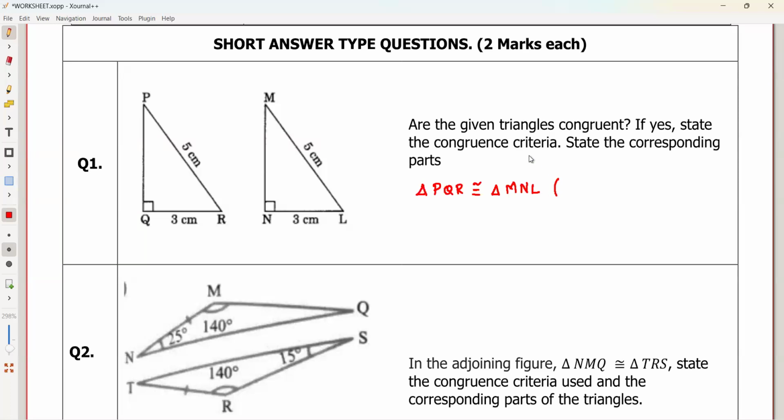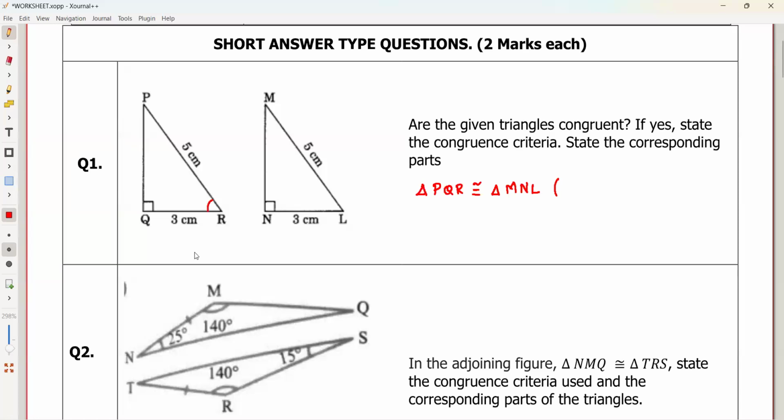Now, which criteria? Congruence criteria means what? We have four criteria. Sir, it is SSS or SAS. Whether they have given this angle?